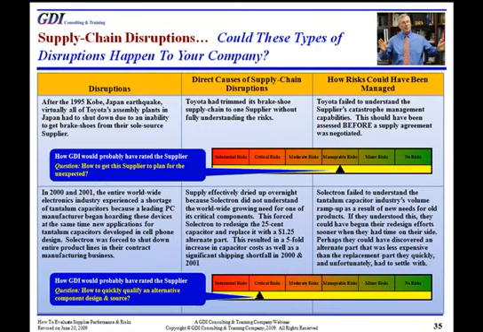What caused the disruption is they had trimmed their brake shoe supply chain to one supplier without fully understanding the risks. They could have managed this if they understood the catastrophe management capabilities at that supplier. This should have been assessed before a supply agreement was negotiated.